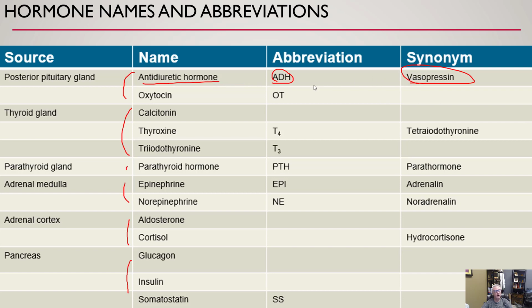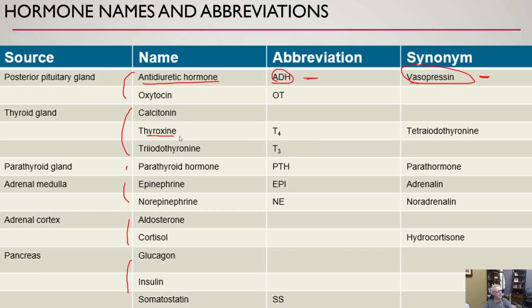If you're talking about a hormone, you're going to be calling it antidiuretic hormone or ADH. There is a medicine out there called vasopressin, and you can give it in IV form, and basically it's just an IV form of ADH. So if you're giving it as a medication, you're probably going to say vasopressin and not ADH.